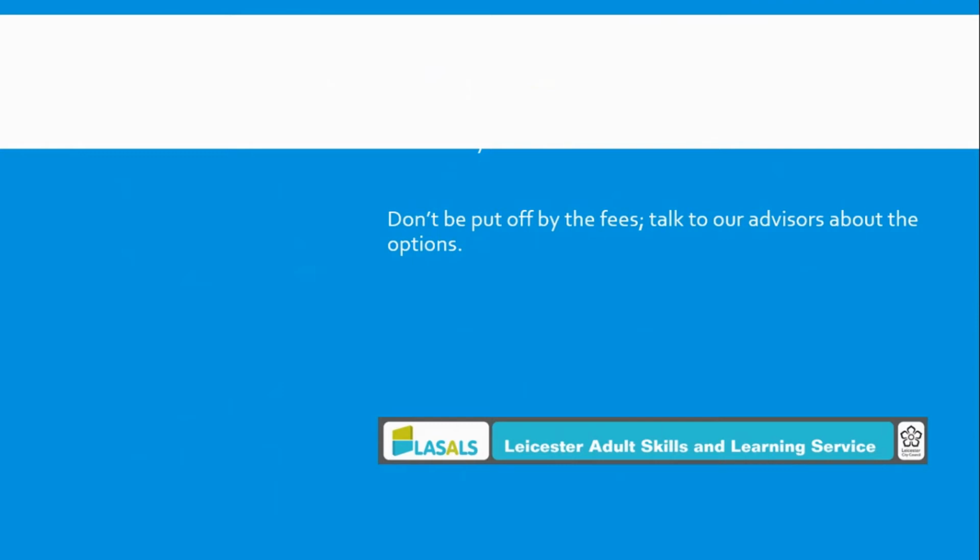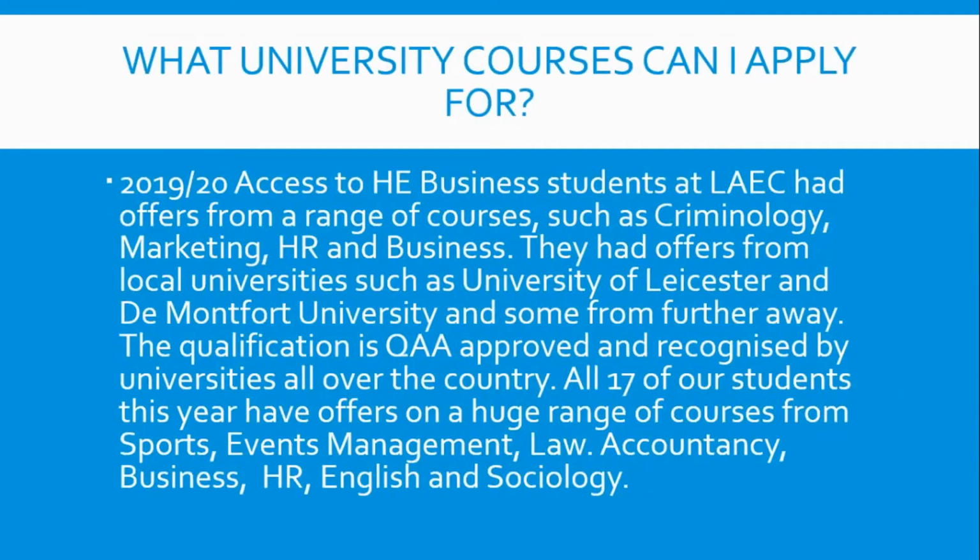In terms of the fees, don't be put off by the course fees. Talk to the advisors, because there are different options. Access to higher education for over 23s is sometimes funded through an advanced learner loan, and that loan, if you go on to university and complete your degree, is written off. Under 23s, there are different funding options depending on your circumstances.